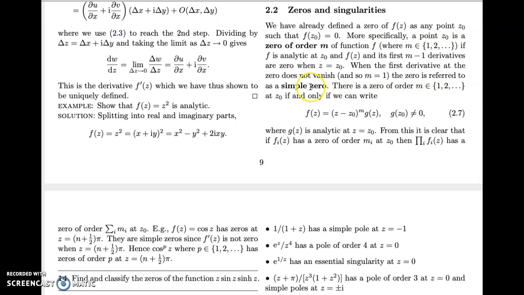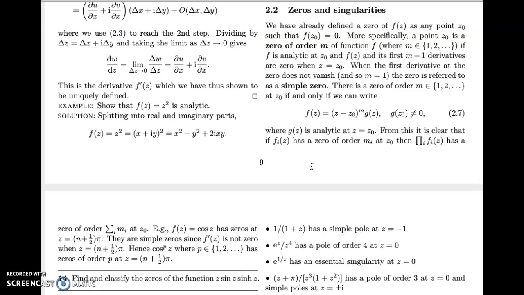So basically, a simple zero, another way of putting it is, if you imagine a graph of f of x, and we're talking about a real function now, that graph crosses the x-axis at an angle. So it's not tangent to the x-axis, it actually crosses at an angle.